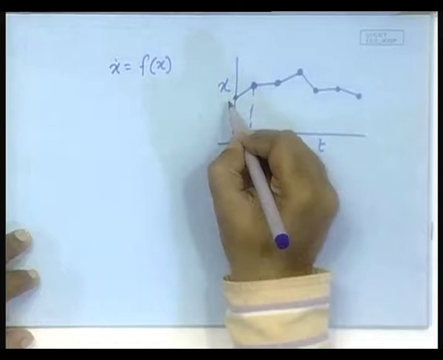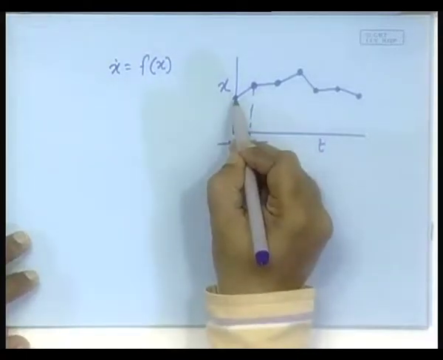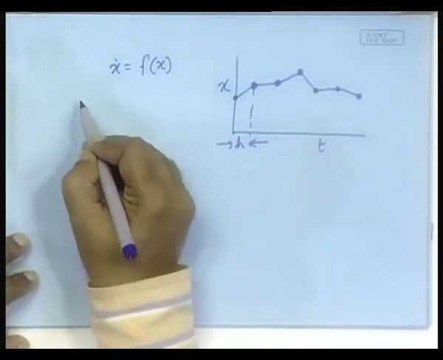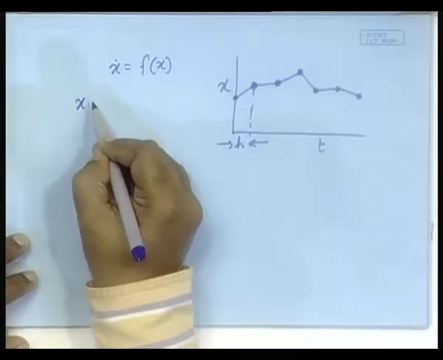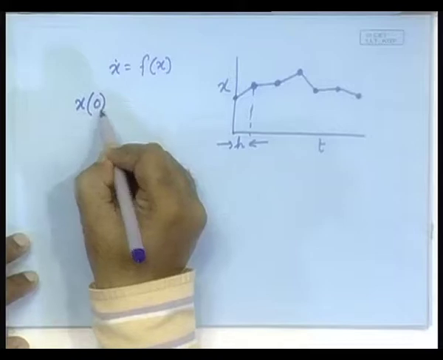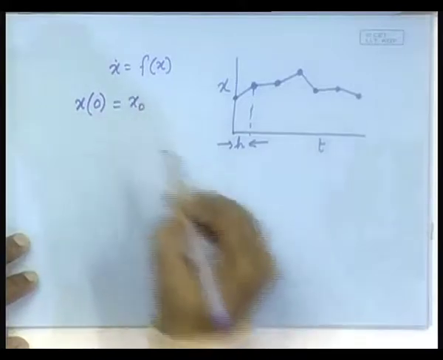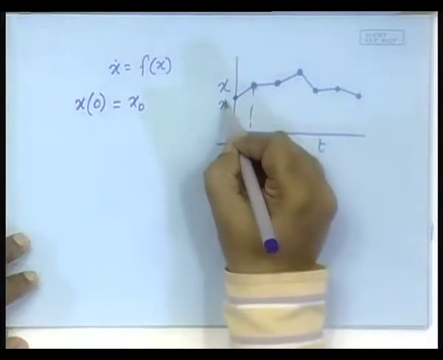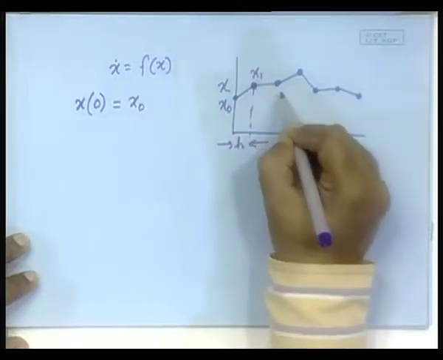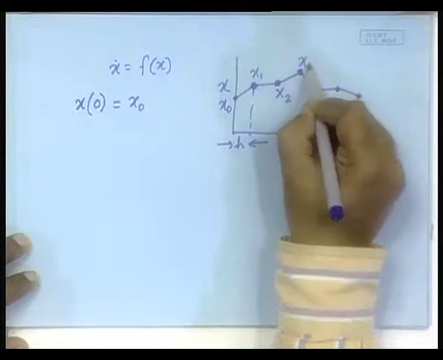So, if you let the initial value, say x at 0, be equal to x naught, then x 1 is what? This is x 0, this is x 1, this is x 2, x 3 and all that.